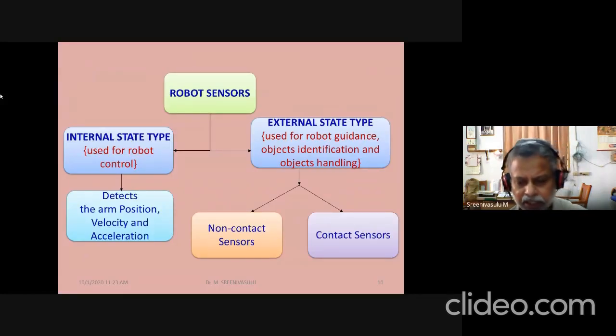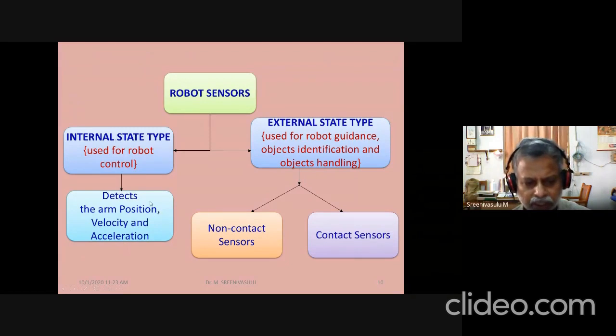And anyway, the same information has been represented in a pictorial format. Altogether, robot sensors have been grouped into the internal state type, used for robot control, because that has been used to detect the arm position, velocity and acceleration.